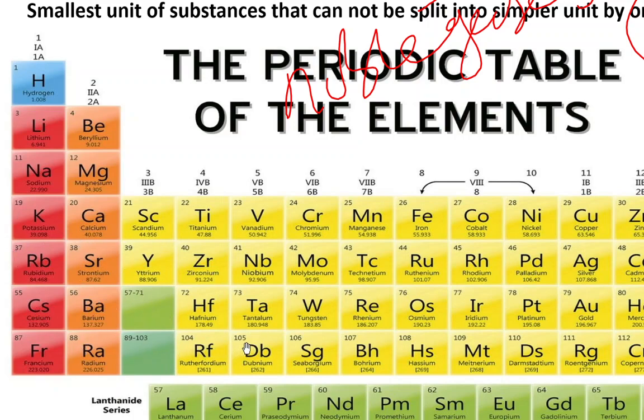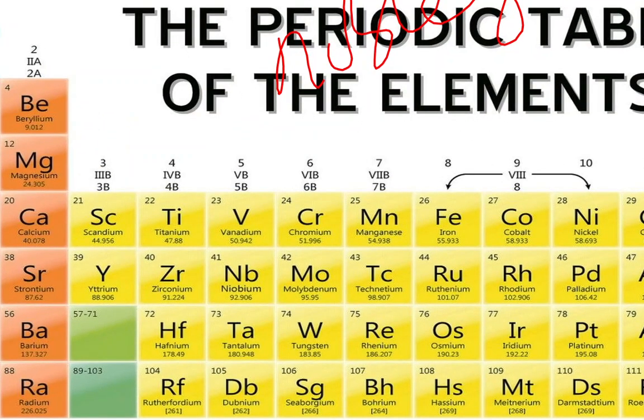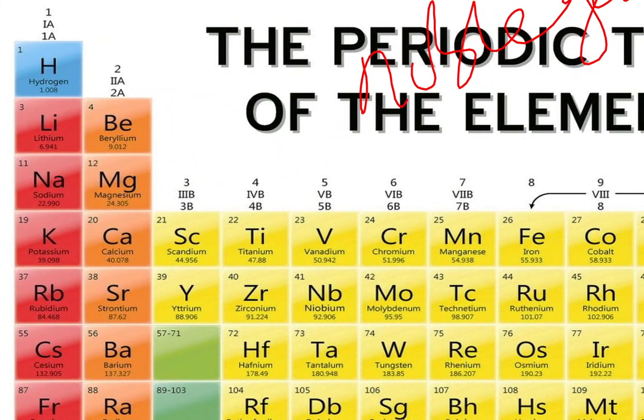So there are 7 periods. Now let us look deeply into the periodic table. We have elements in those places. This element there is called hydrogen, and there is a mass number. This number is called the atomic number, while this number is called the mass number.